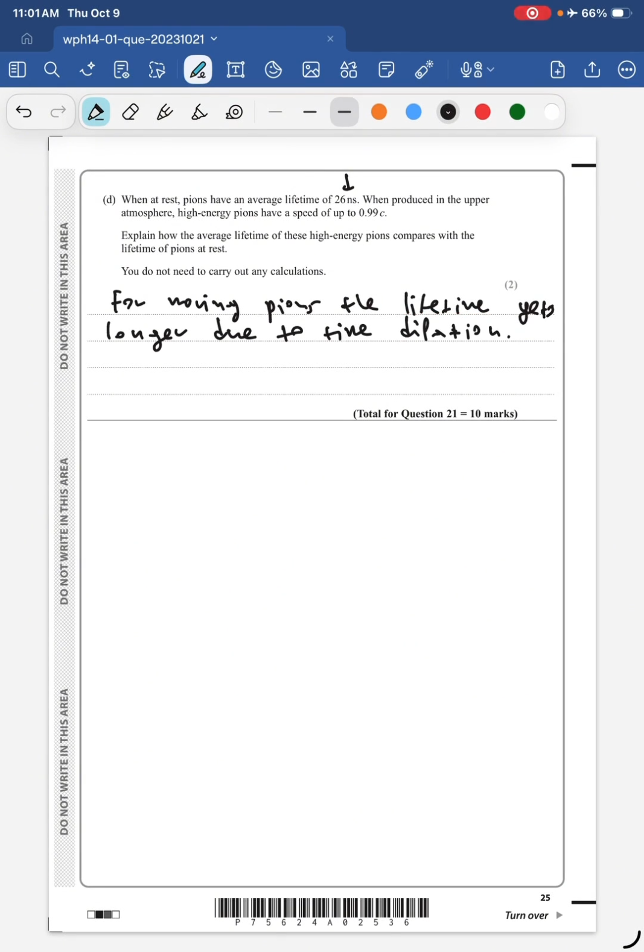Okay, so time moves slower for moving objects. So the lifetime of high energy pions is larger than the lifetime of stationary pions, and that's the answer.